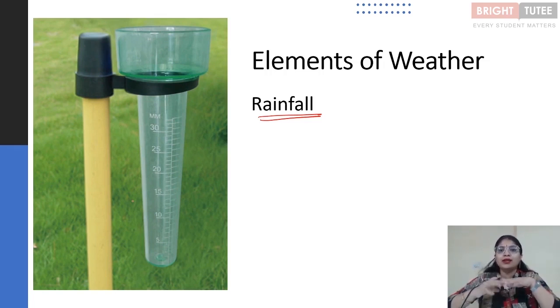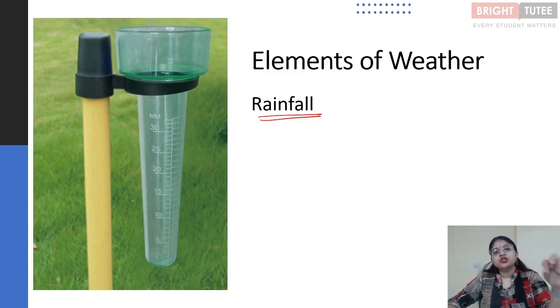In general terms, we know that Rajasthan, being a desert, receives less rainfall. And when we talk about, say, the northeast, the area known as Cherrapunji, we know that the rainfall there is a lot. It receives a lot of rainfall throughout the year. So this is how, in general terms, we measure the rainfall.